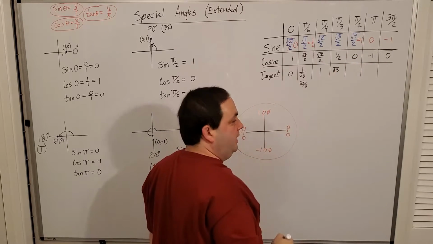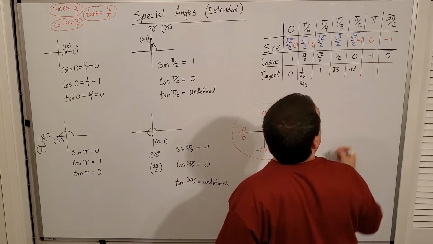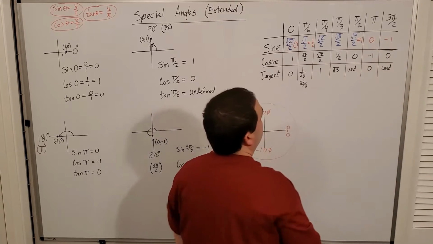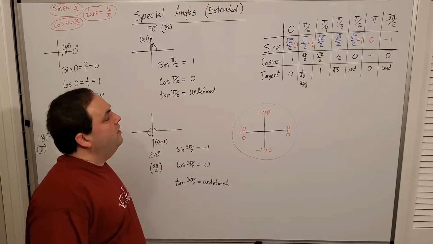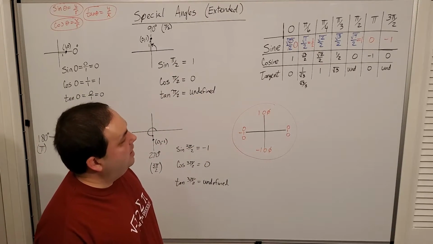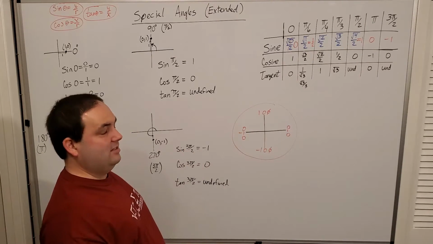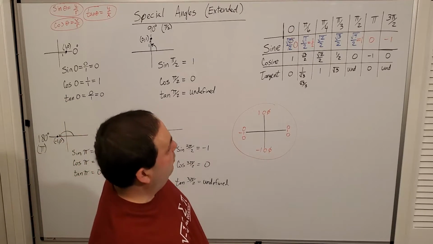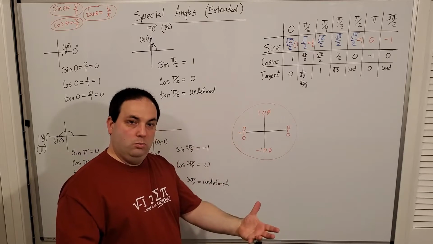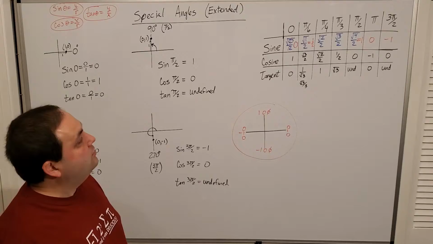So just square root of 3. 1 divided by 0 is undefined. And then you have the same thing here and here as the other two. Okay? So that's a chart of all of your angles in radian measure and their sine, cosine, and tangent that you are supposed to know the exact value of, not necessarily the decimal value. Okay? These are the things that you're always going to be expected to just know whenever you're doing sines and cosines and tangents. Those are the special angles.